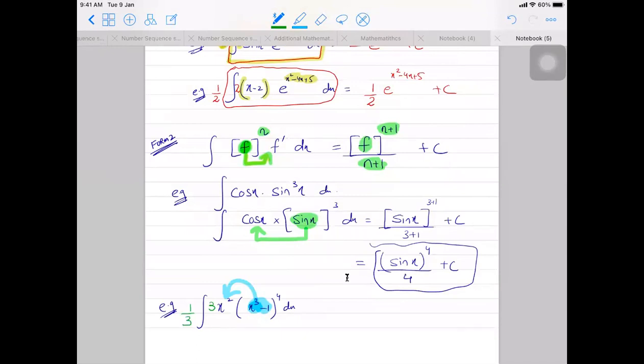Now, if I just focus on the integral part, the integration of such a function is going to be 1 upon 3 will remain the same.